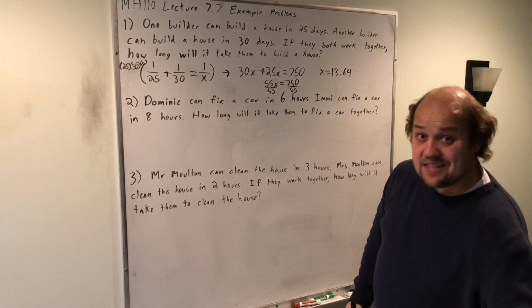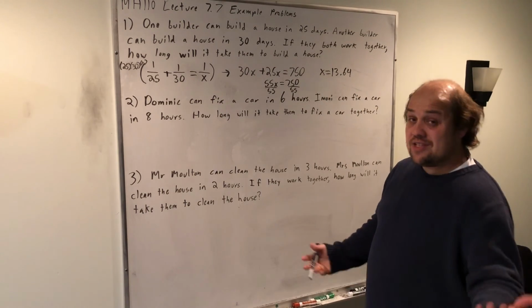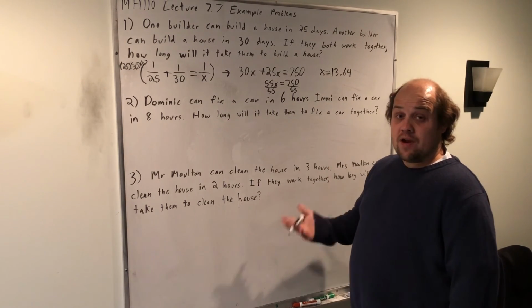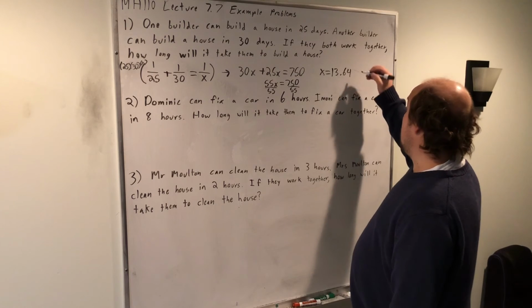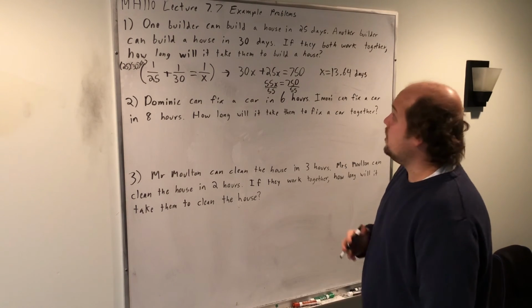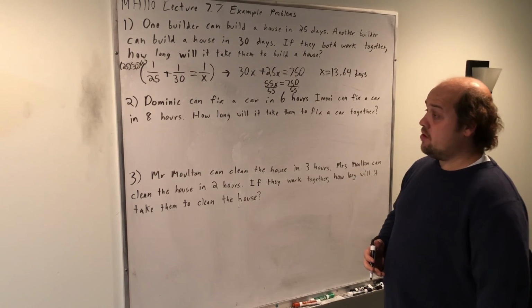No real reason that I go to 2 decimal places, just used to dollars and cents. It's a common thing to round to, but definitely be on the lookout for whatever they say in the instructions here. This would be 13.64 days that it takes in order for them to build the house working together.